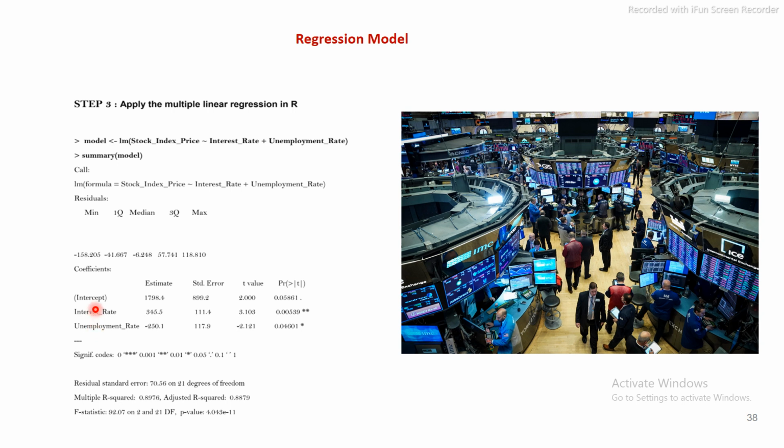So that is why these two independent variables have a significant contribution on the dependent variable, which is your stock index price. And if you see the multiple R square value, it's about 90%. It means this model is explaining 90% of the variability in your data from these independent variables, interest rate and unemployment rate.